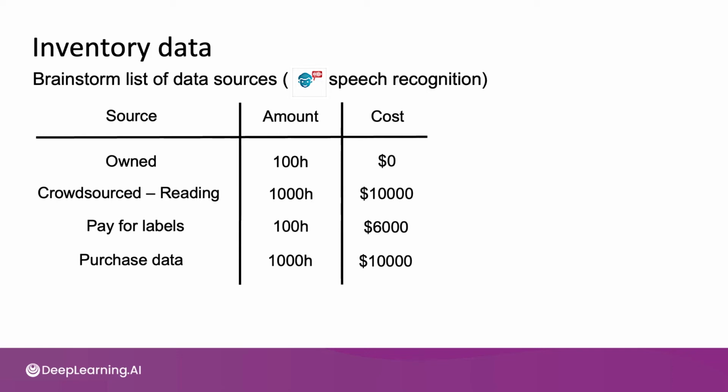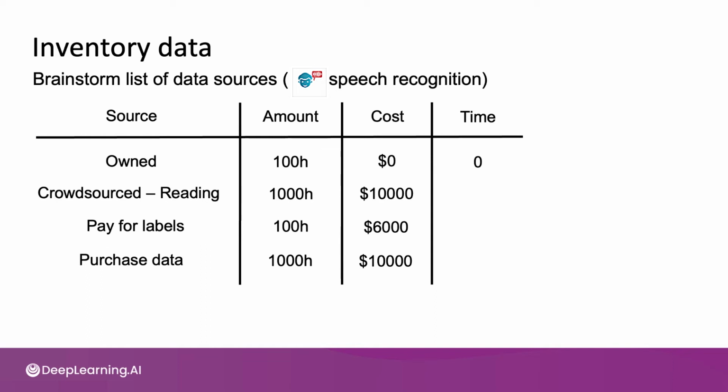Through an exercise like this, you can brainstorm what are the different types of data you might use, as well as their associated costs. One column that's missing from this that I find very important is the time cost. So how long would it take you to execute a project to get these different types of data? For the own data, you could get that instantaneously.